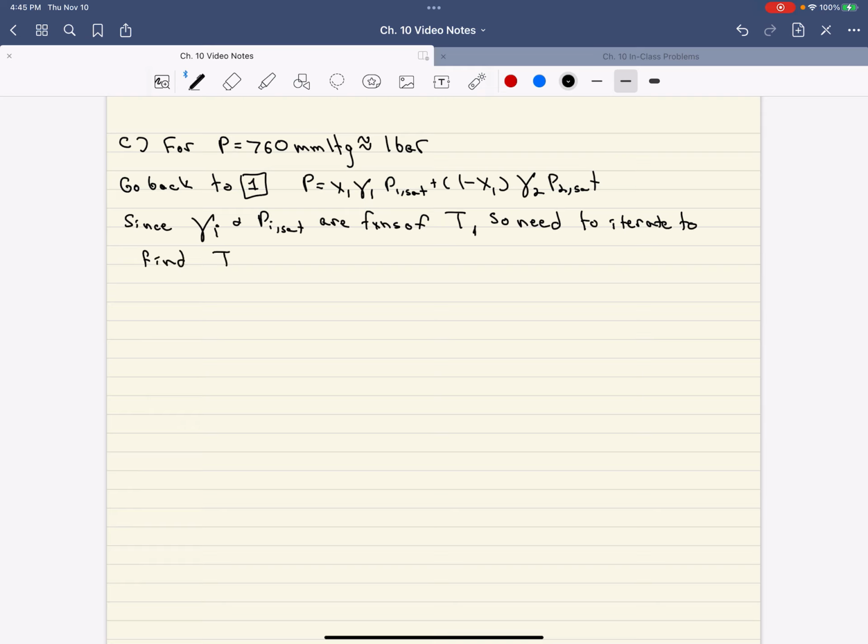Right? And so we just have to do a root finding sort of calculation. So T is the root of the following objective function.